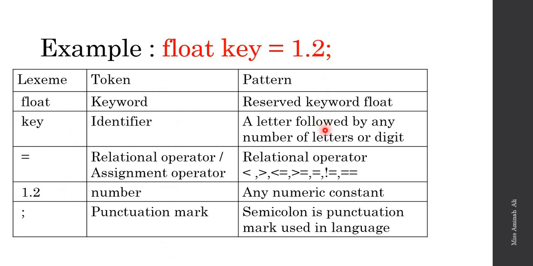And what is pattern? Pattern is what is the rule or what is regulation. How do we came to know that these could be the tokens? And so keyword, like reserved keyword, float is a reserved keyword, identifier, a letter followed by any number of letters or digits. We know that this pattern is already defined. These are relational operators, so relational operators are already defined in the language.